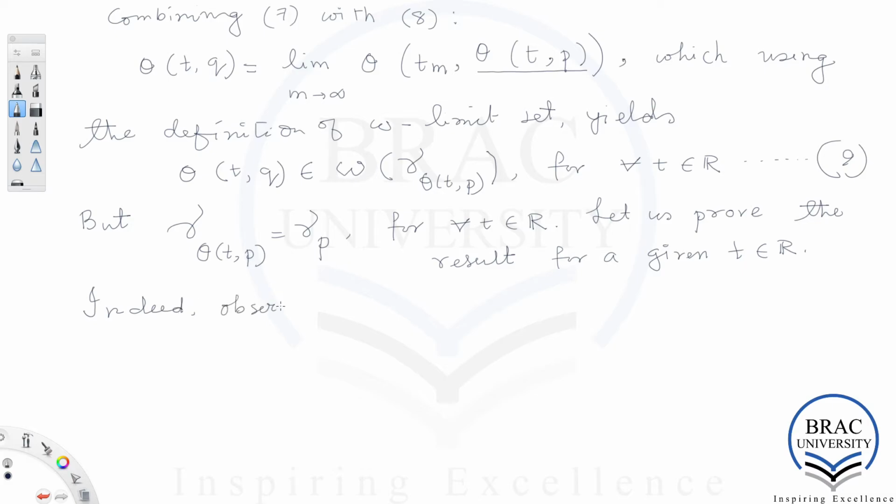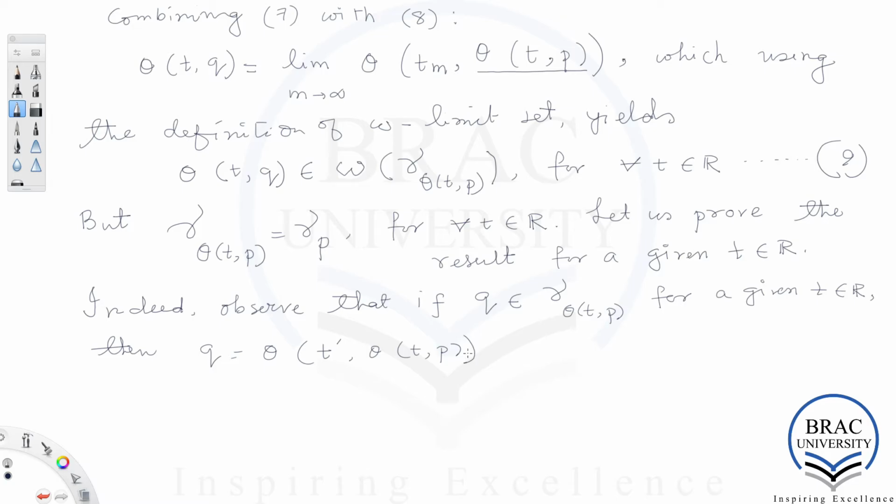observe that if Q belongs to gamma sub theta t comma p for a given t in R, if this is the case, then of course from the definition of orbit, Q is equal to theta t prime comma theta t comma p for some t prime in the set of real numbers.